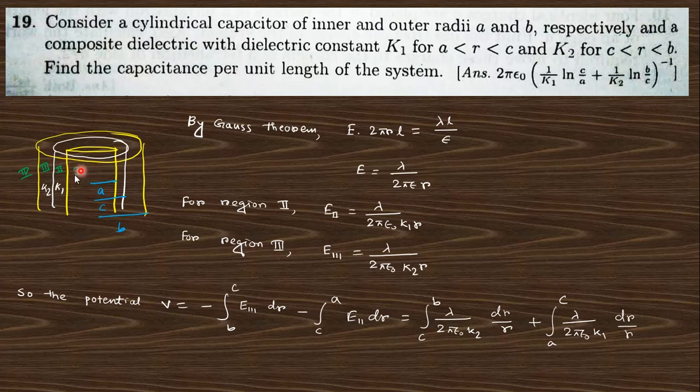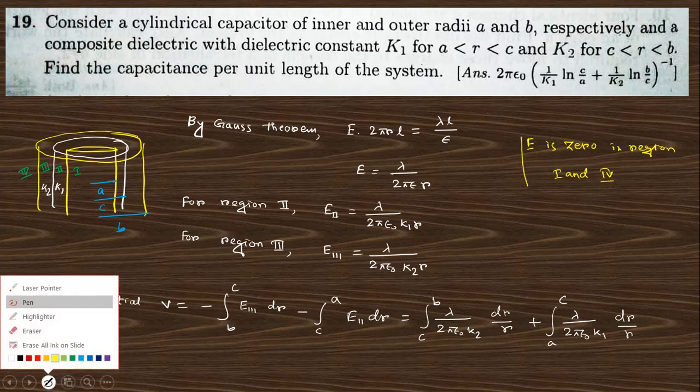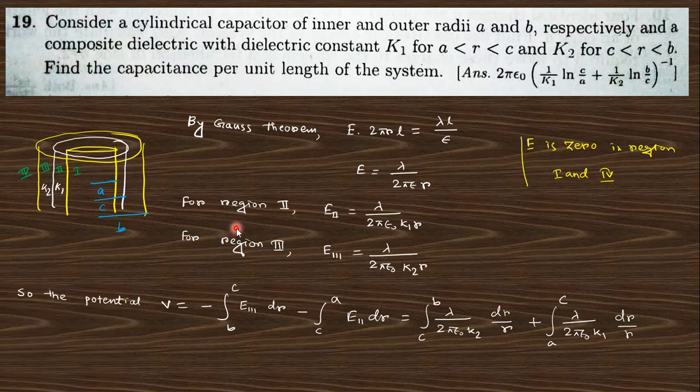That's why the electric field E is 0 in region 1 and region 4. In region 2 and region 3, the electric field will be like that.